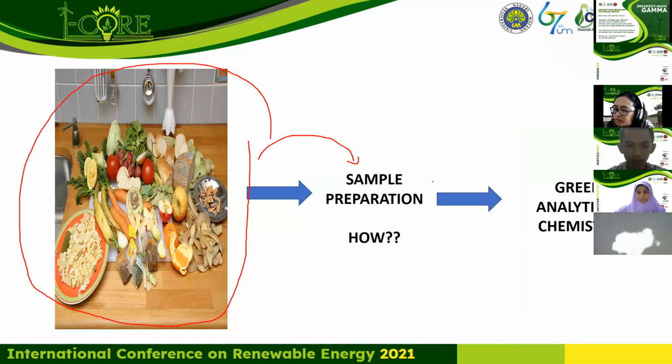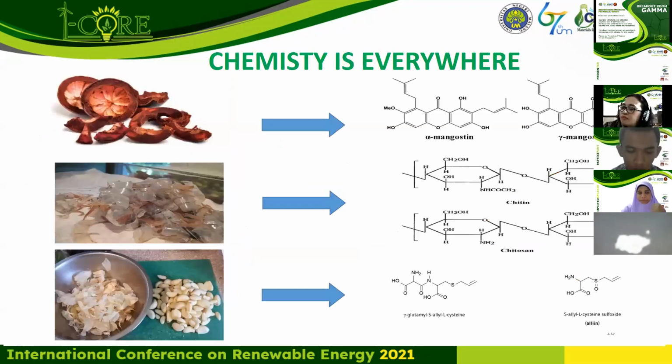At the end, when we use all these biomaterials, of course our technique can be categorized as green analytical chemistry. How do we relate all these things? It's very simple, because chemistry is everywhere.